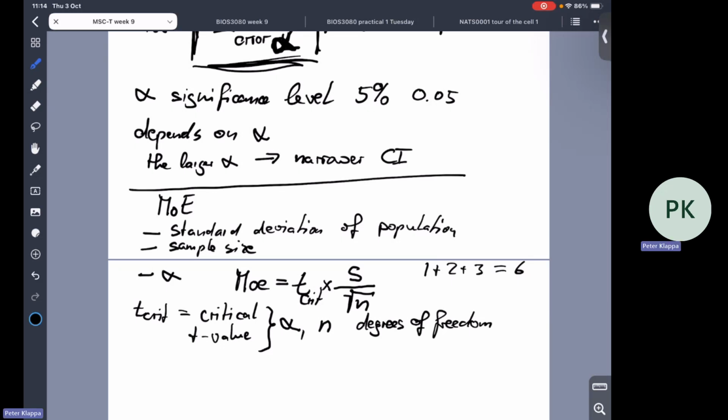I have 3 places here. How many of these numbers do I need to know in order to get 6? The answer is I need to know at least 2 numbers.